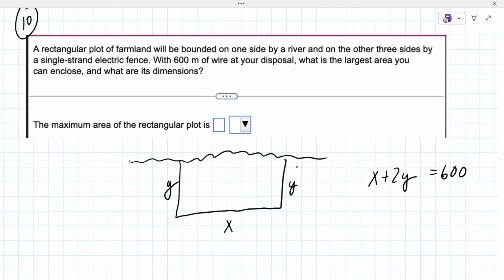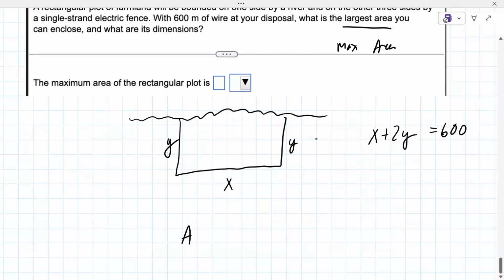And then we want to maximize the area. So the area of this is x times y, and that's where we use this other equation. We solve it for y. Could you solve this for y, please?